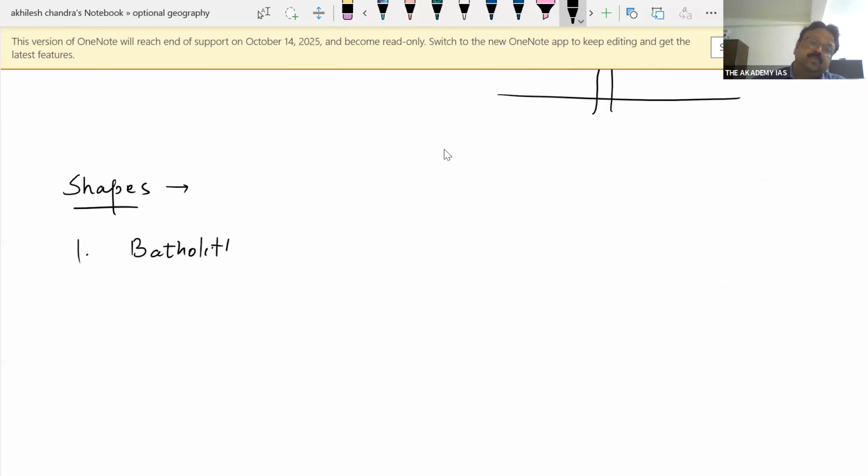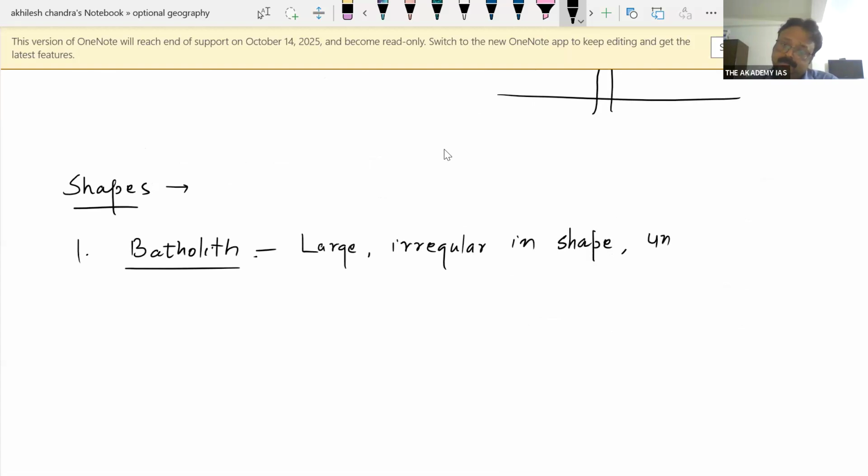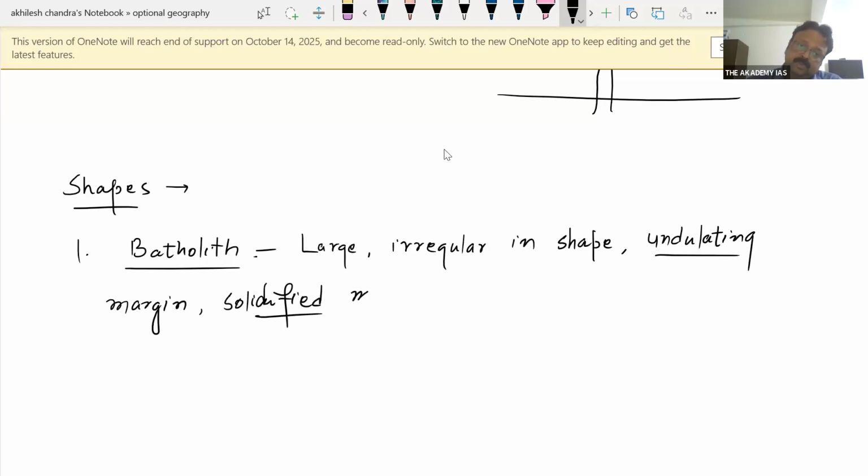So batholith is a very large solidified magma, irregular in shape, with undulating margin, called batholith.